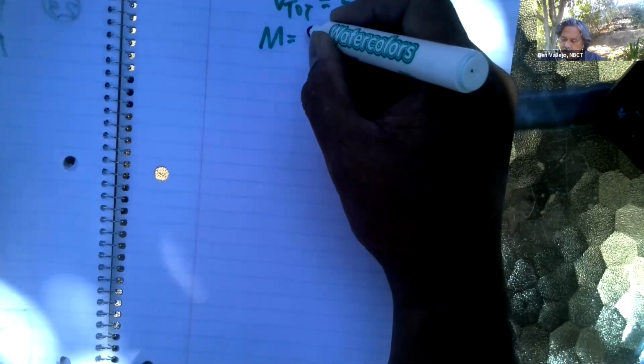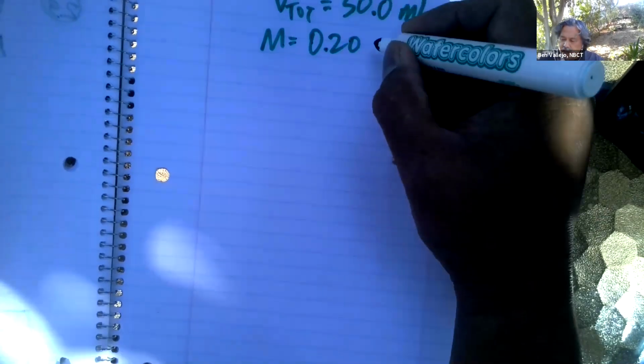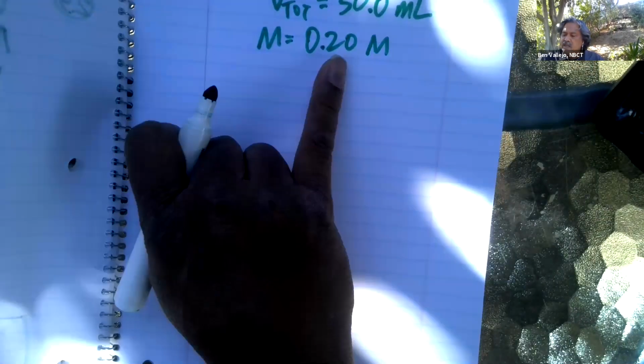In 50 milliliters, that is a volume, 50.0 milliliters of 0.20 M. So the molarity is 0.20 M.